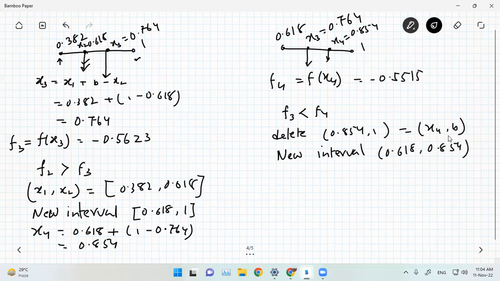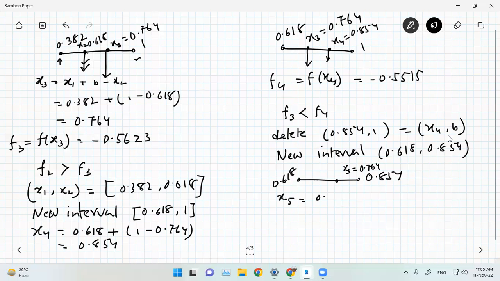So with that one, plot it again. 0.618, 0.854. Also in the middle we have x3 still there, 0.764.